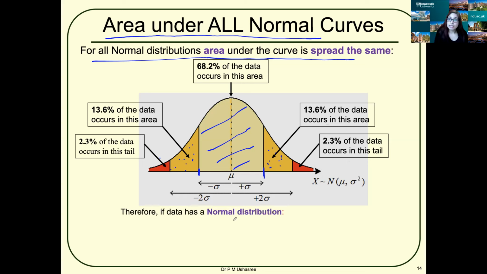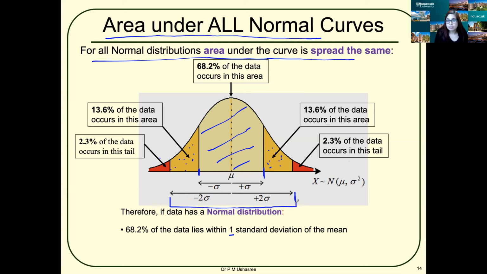If the data has a normal distribution, 68.2% of the data lies within 1 standard deviation, we have seen that. And what percentage of data lies within 2 standard deviations? So it is 68.2 plus 13.6 plus 13.6, so around 95% of the data. I can say that 95.4% of the data lies within plus or minus 2 standard deviations.